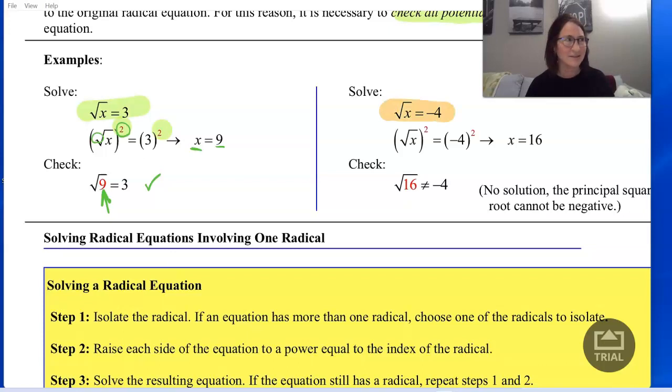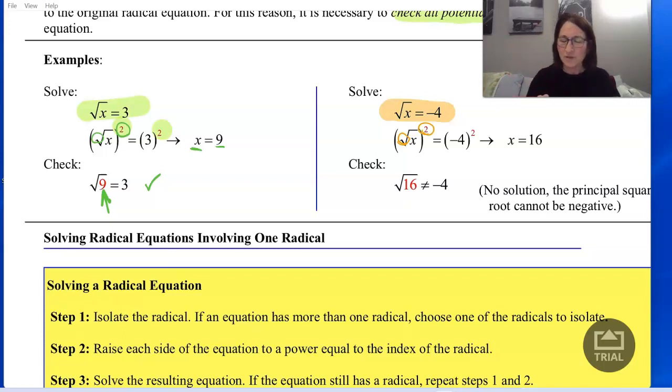Now let's look at the problem on the right. We've got the square root of x equal to -4. I'm going to do the same process and raise both sides of my equation to an exponent equal to the index. I've got my exponent of 2 and my index of 2, so my radicand x comes out from underneath my radical.